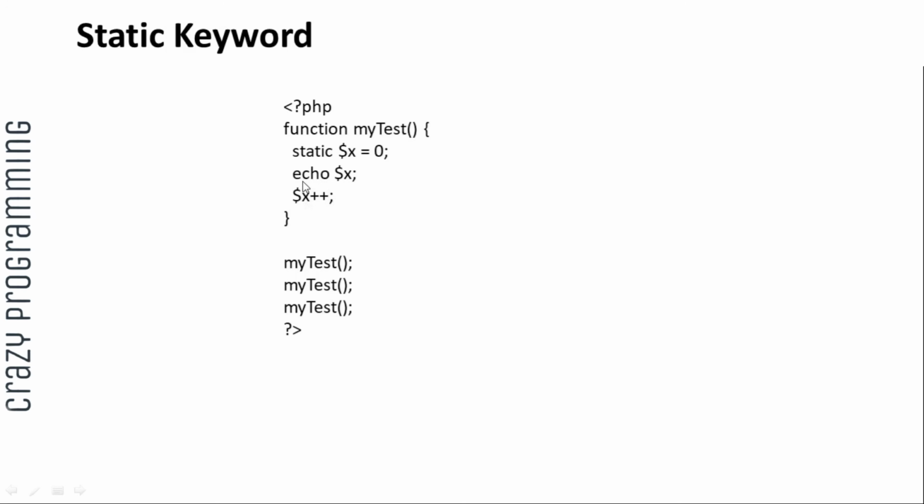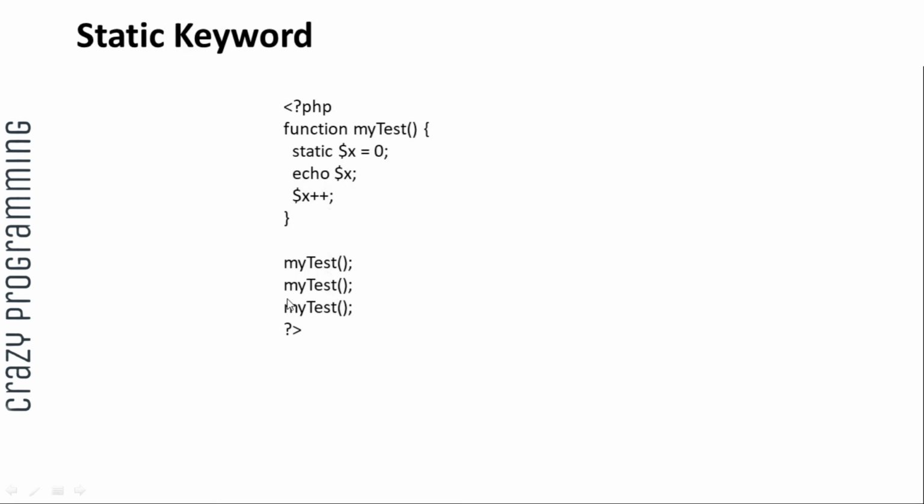So echo x means 0 will be printed the first time, and then again we call myTest. So 0 will go again and it becomes x plus plus. In x plus plus, 0 plus 1 equals to 1, then it will print 1.